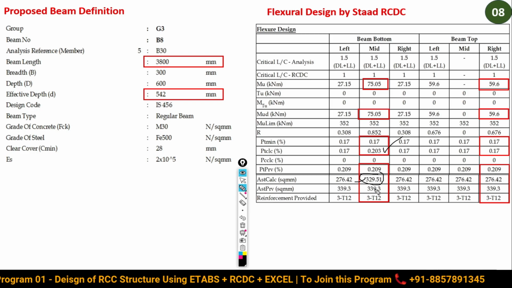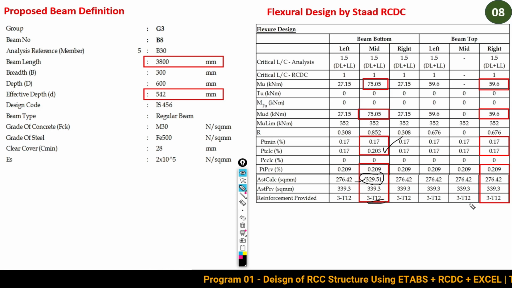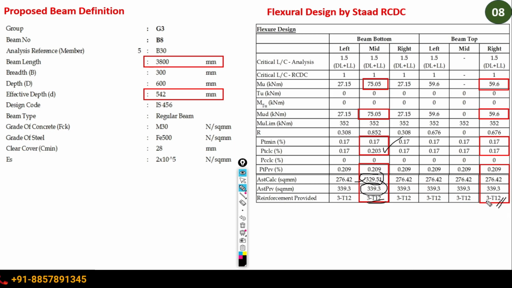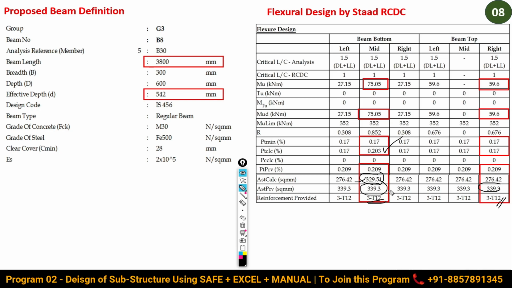These are the demand, but to satisfy this demand we need to provide 3 bars of 12 mm diameter. How these bars are coming we'll see later on. So finally the provided area of reinforcement is going to become 339, and here also if you provide 3 bars, it is going to become 339. So at every section the reinforcement areas are same, right?